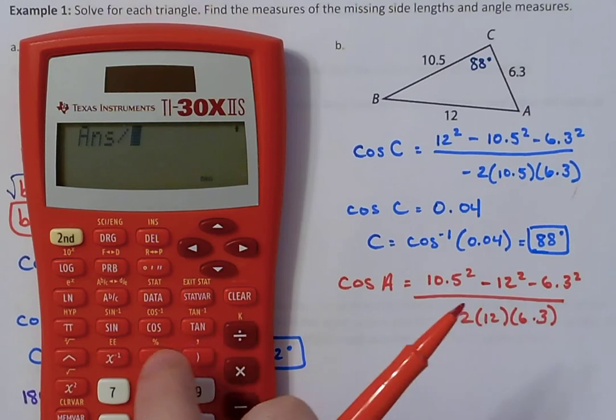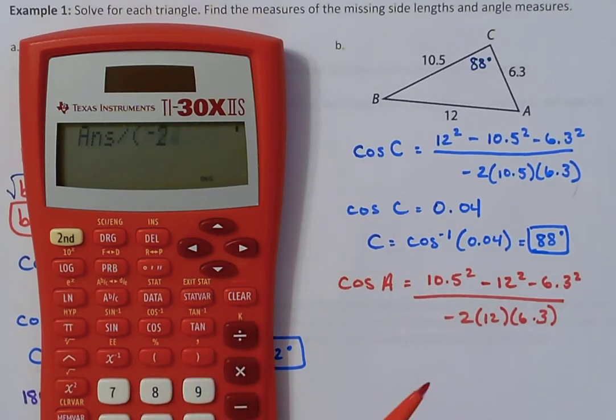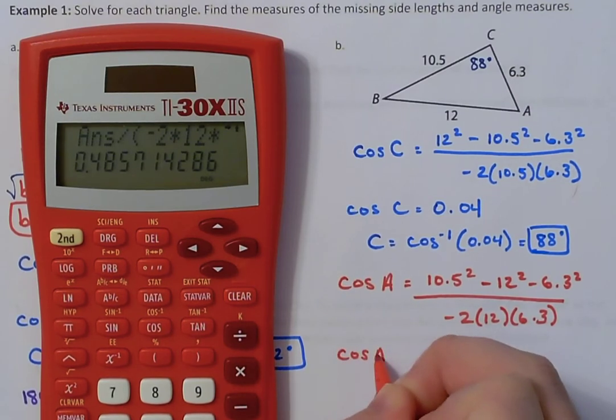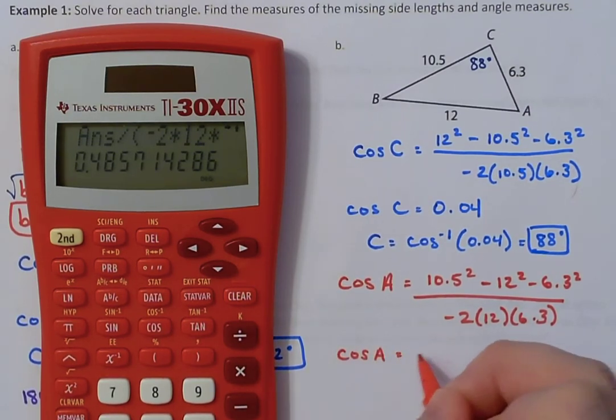So divide, parentheses, negative 2 times 12 times 6.3, end parenthesis, and we get 0.4857. We're going to round this to 0.49. So cosine A equals 0.49.